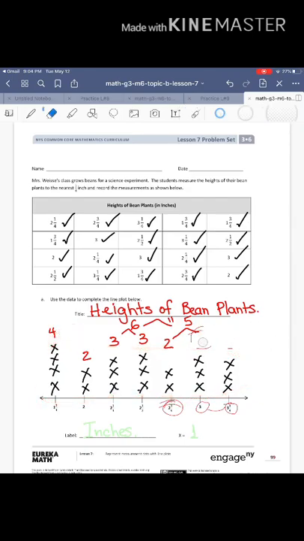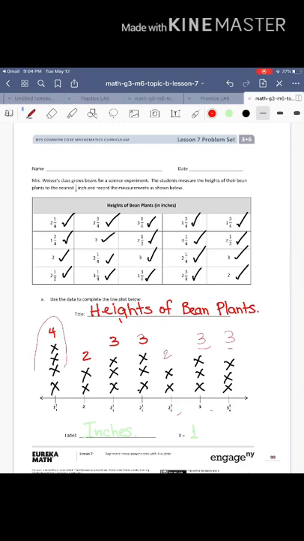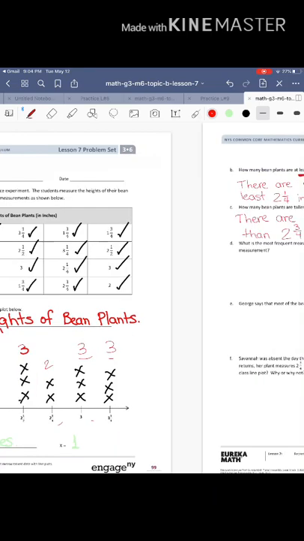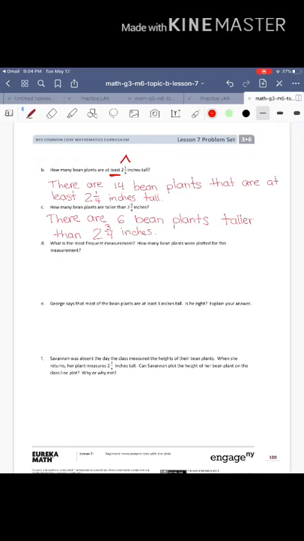Let me just erase what we did before so it's not confusing. Okay, so which one is the most frequent one? Most of them were in this group. And what's the measure? They're asking for the measure, it is 1 whole and 3/4. So let's write the answer.